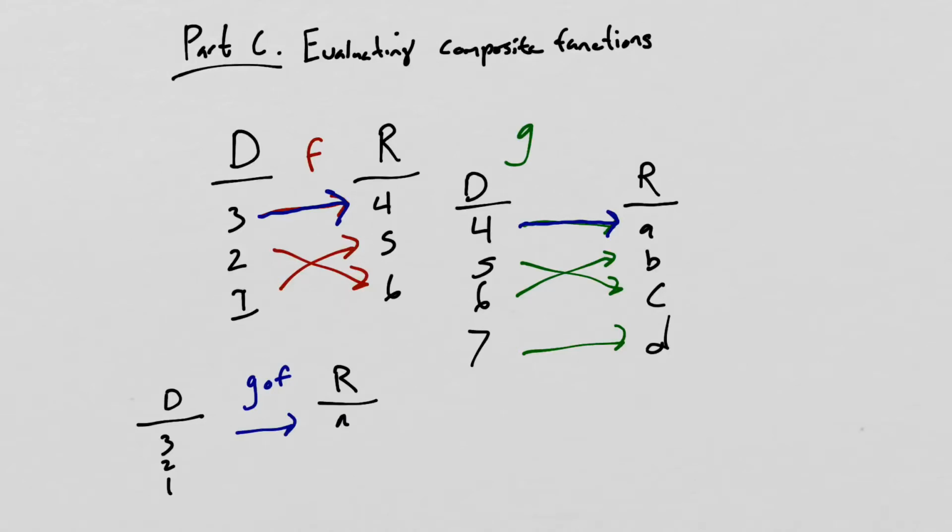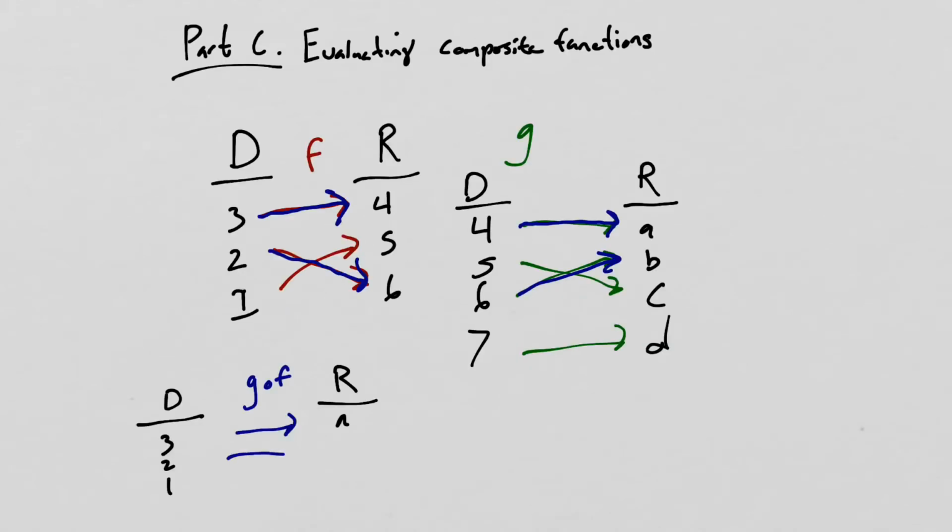In our function f, 2 is sent to 6. Then in our function g, 6 is sent to b. Therefore, in our composition of functions, 2 is going to be sent to b. Doing this one more time, we see that f sends 1 to 5, and g sends 5 to c. So 1 is going to be sent to c.